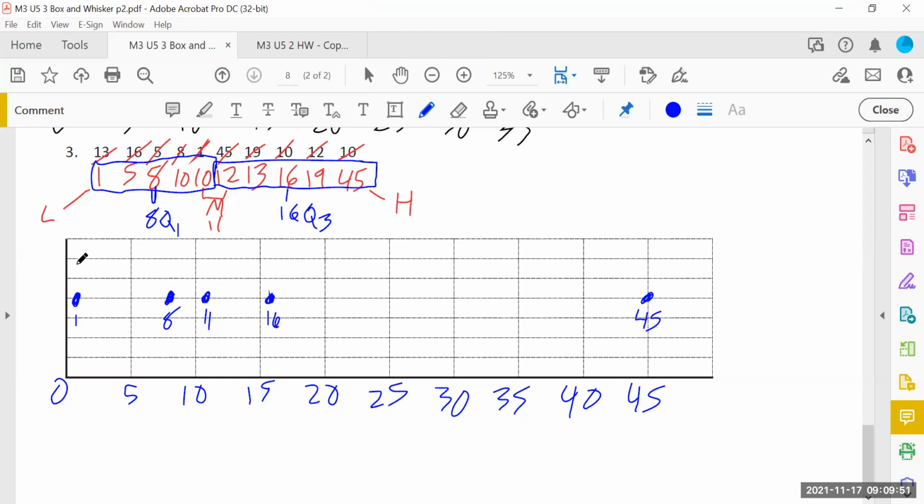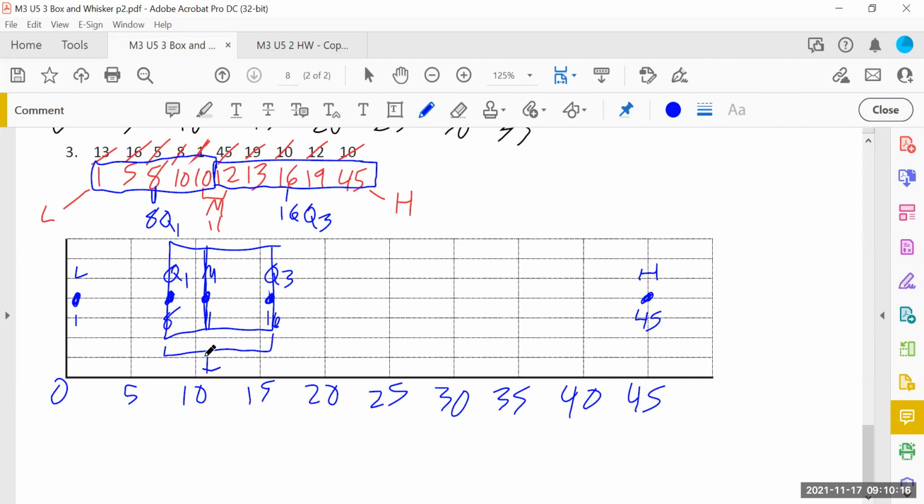So we're looking at this. This is my low value. This is my high value. This is my median. This is Q1. This is Q3. So I know that this is going to be my box right here. You can make it as big or as small as you want as far as its height, but it goes through those numbers. There's my box. The IQR is this distance right here.